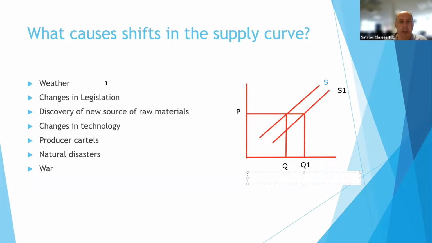Now this could be, let's take weather for example, the supply of something like wheat. We've had a really good summer. The sun shone all summer and the wheat's grown nicely and it's shifted supply. The farmers had a bumper harvest and they've moved the supply curve from the left to the right.